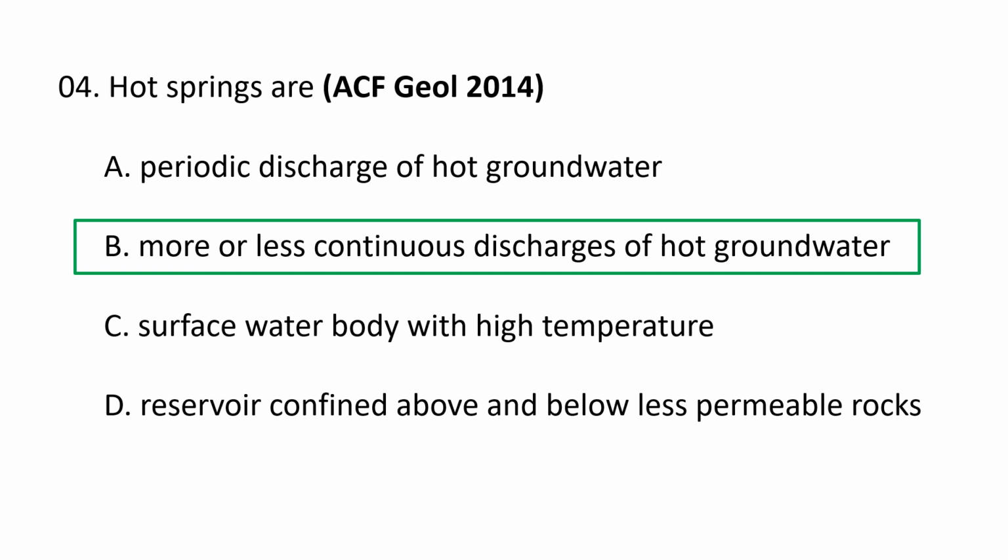These are naturally occurring springs of water that are warmed by heat within the earth. Most hot springs form when rain or groundwater seeps below the earth's surface through cracks and faults, and the water is then heated by earth's geothermal energy, which moves to the earth's surface. B is the correct answer.